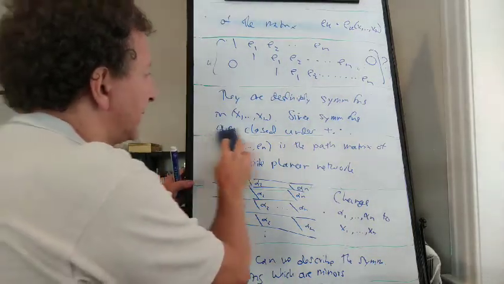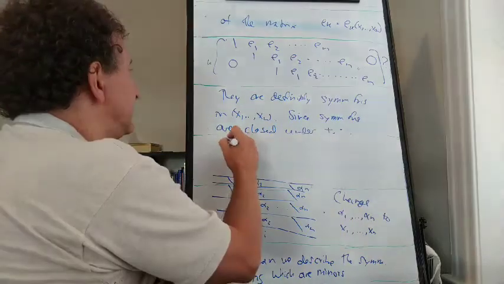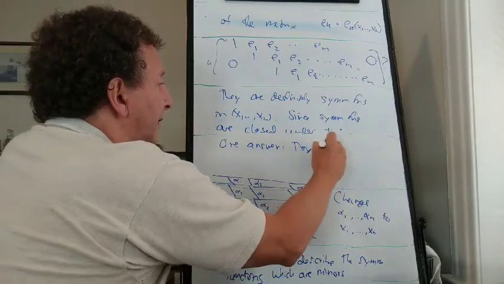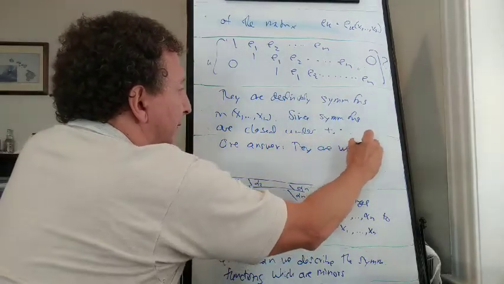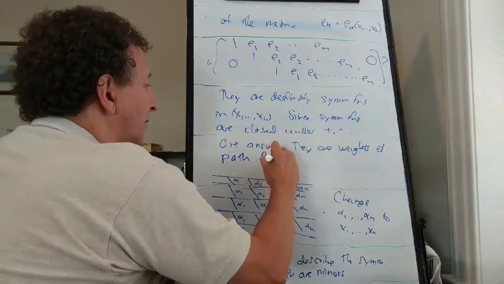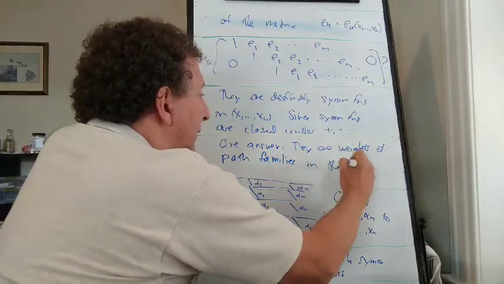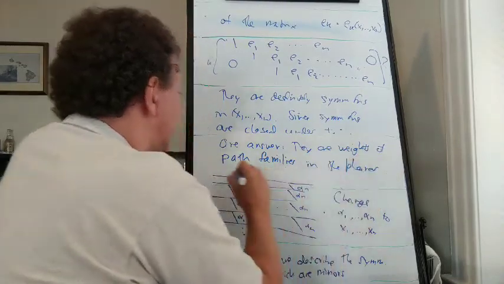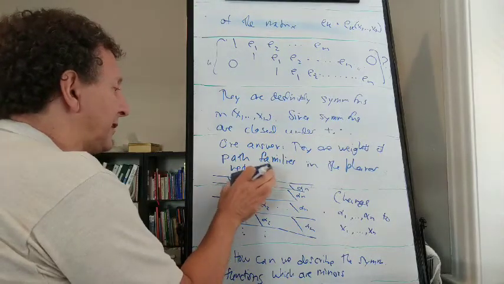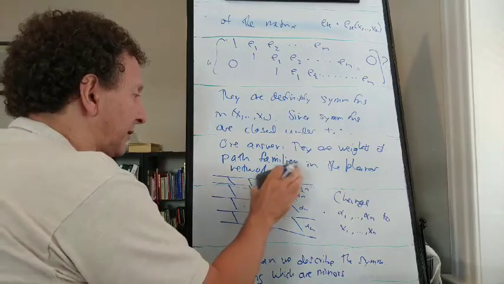So one way to explain what they are is their weights of path families in the planar network. Well, basically this planar network, but let me erase the numbers alpha and make them x's.